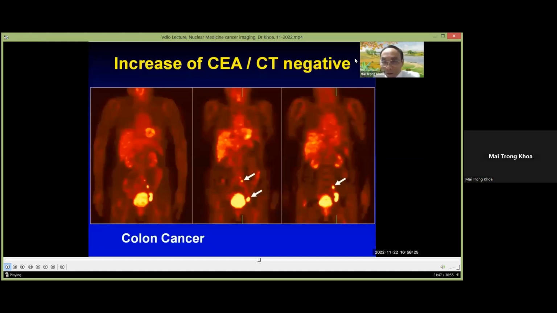And this is an image of colorectal cancer with elevated CEA concentration, but the CT was negative. We can easily detect many metastatic lymph nodes in the abdomen on the PET-CT scan. You can see here.